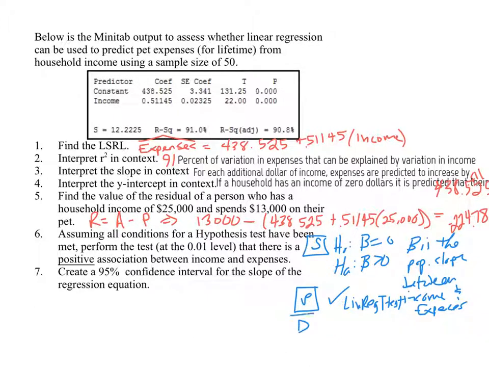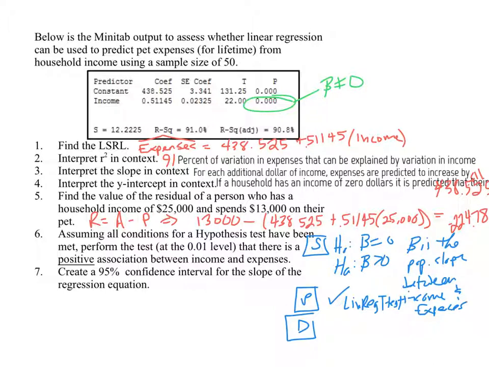The do, well, easy enough. We've been given a lot of information on our MiniTab output, right? Here's that slope line. We've got the slope, the standard error, a t-statistic, and a p-value. Please recall that this p-value represents the not equal to alternative. But of course, easy enough to calculate the greater than: we just divide it by 2. And since it's 0, dividing it in half, it's still going to be 0.